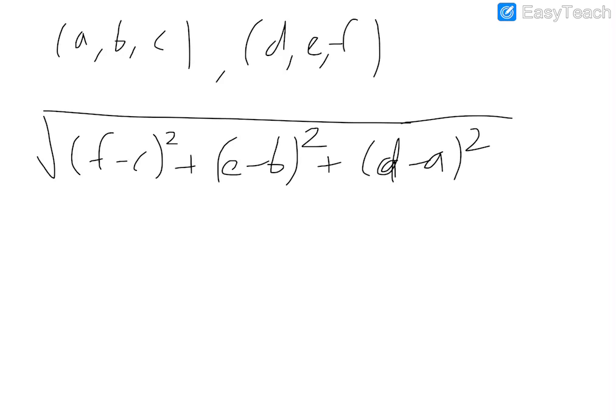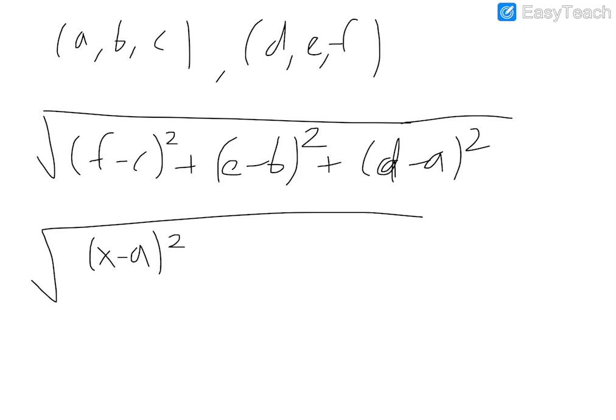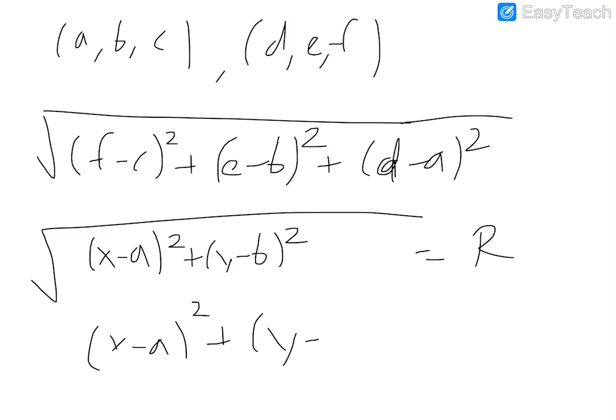Now the distance formula can be used to draw a circle. Like if you have the square root of (x minus a) squared plus (y minus b) squared, and this is equal to r, or as it's more commonly written, (x minus a) squared plus (y minus b) squared equals r squared.